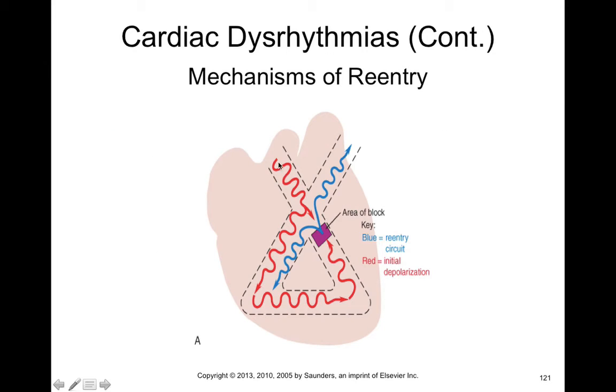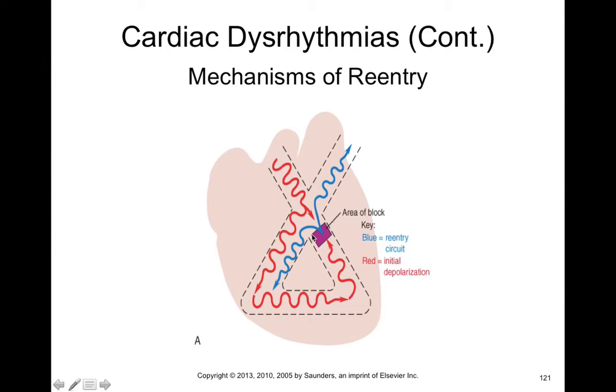So what this looks like here then is red is the initial depolarization, or the normal pathway of depolarization along the heart. So we know it's going to go from the sinoatrial node towards the AV node, down across the heart, and then back around. Now with reentry, instead of that depolarization just dead ending and stopping somewhere along the electrical conducting pathway, you might have some depolarization that can re-enter the old pathway and then start to spread across different parts of the heart.